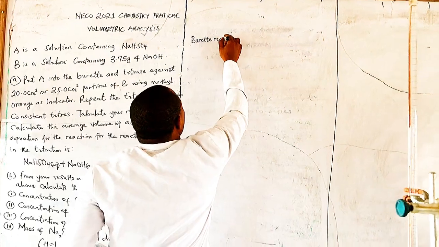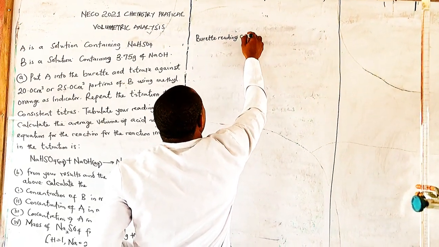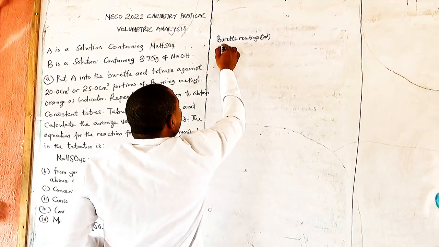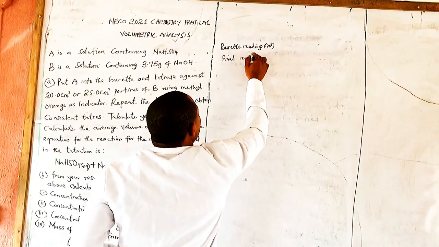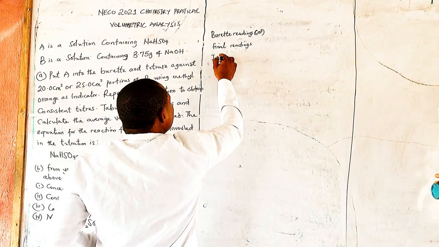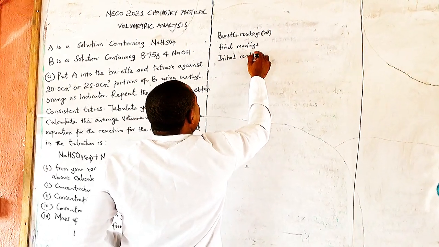Please pay attention to this table, very, very important. My burette readings, the units are in cm³. This will be my final readings. I will have my initial readings.